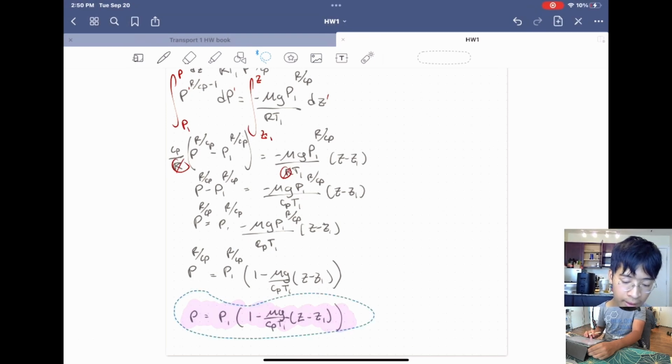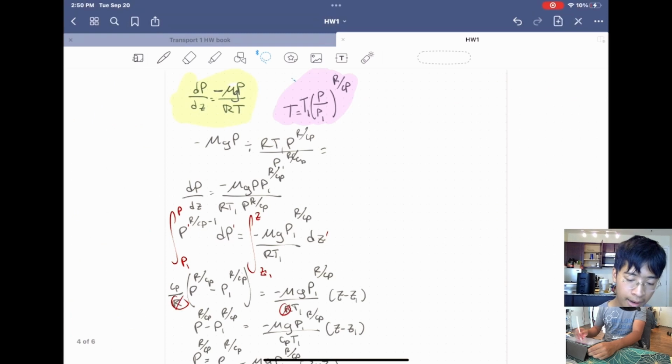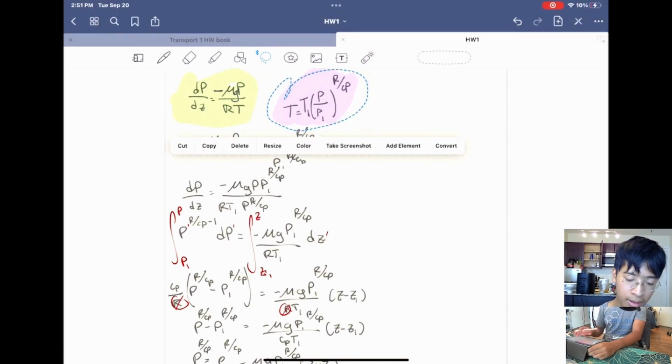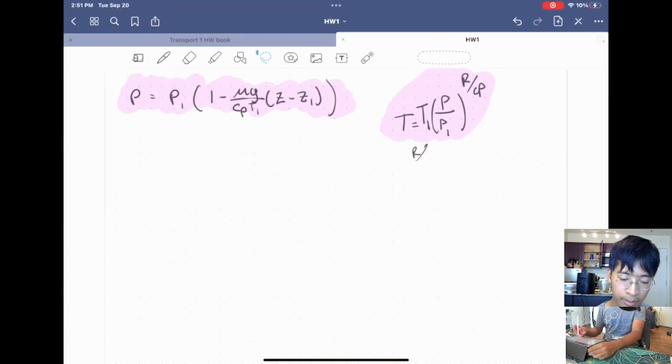Okay, we now want to find an expression for temperature. Well, that is easy peasy. Because guess what? We have an expression which relates temperature and pressure. Check that out. It's not quite usable yet. We just have to massage it a little to make it usable.